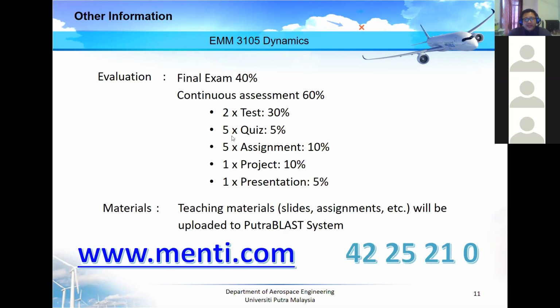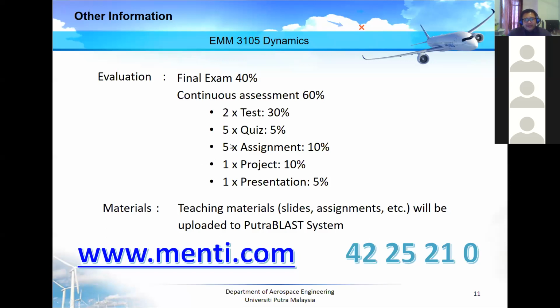Then we have up to 5 quizzes. I put 5 to mean it will not go more than 5. 5 is the maximum number of quizzes. The same thing goes for the assignments. The maximum is 5. It can be 2, 3, 4, 5, but it cannot be 6. Got what I mean, right? I put the maximum number so it is easier for you to keep track.